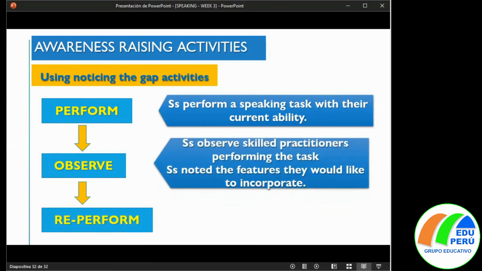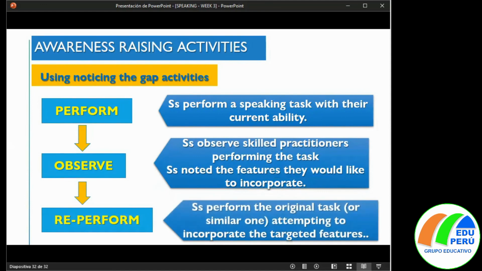Students observe skilled practitioners performing the task, and students note the features they would like to incorporate. And then the last, students perform the original task or a similar one, attempting to incorporate the target features.